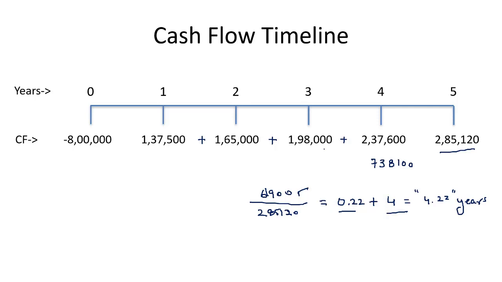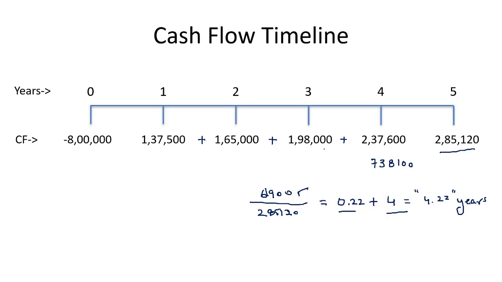So you can say that it ignores the time value of money, which is the biggest shortcoming of the payback period. It does not consider the time value of money, which makes this method inferior to the NPV or IRR method.